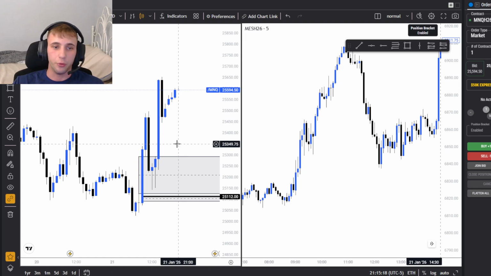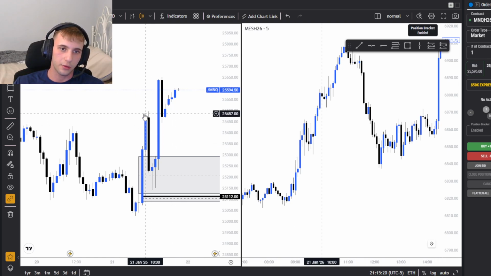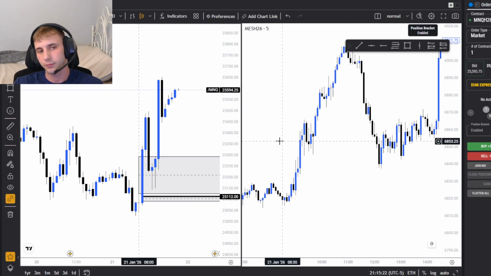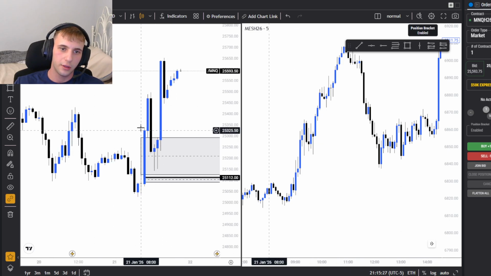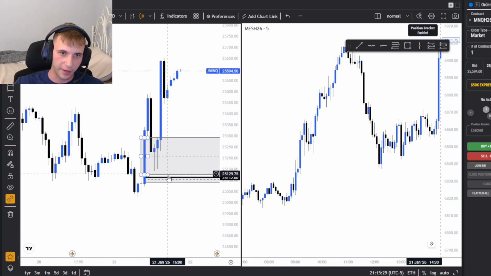And if enough people think this way, what will happen? People are going to stop buying here. If people stop buying, people are going to start selling. And once they start selling, we come into this fair value gap.